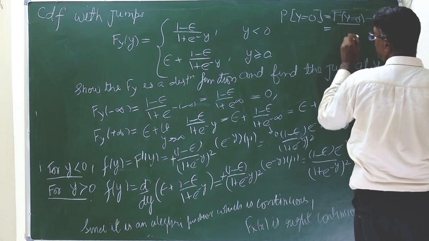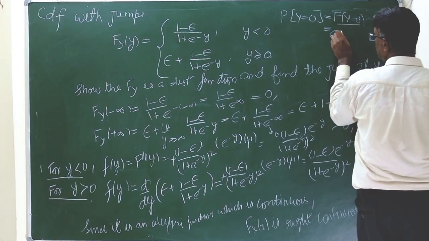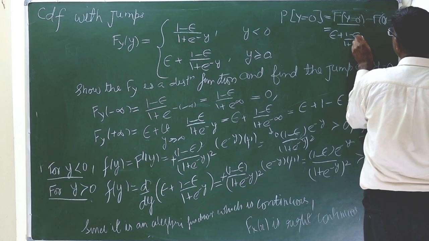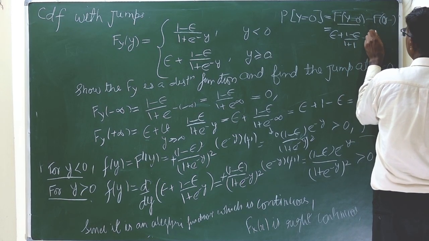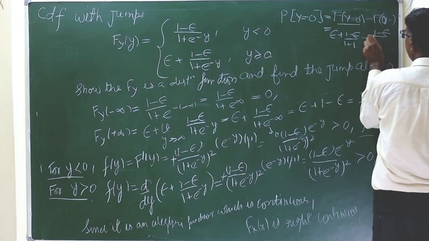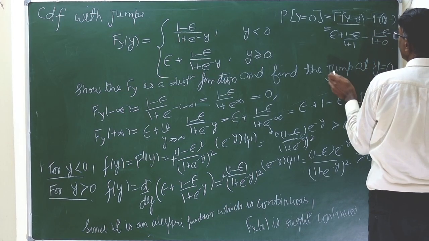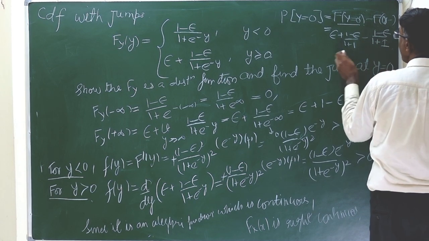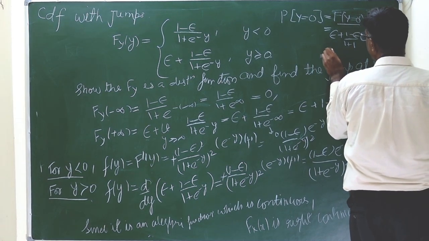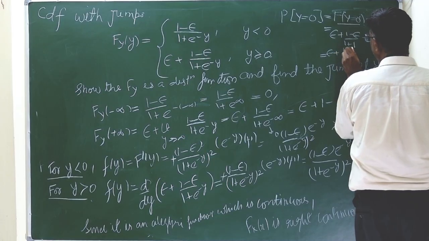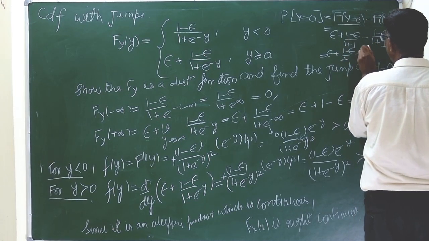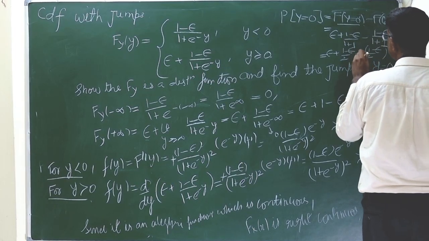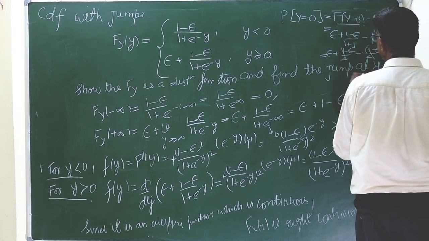So F at 0 is epsilon plus (1 minus epsilon) upon (1 plus 1), minus (1 minus epsilon) upon (1 plus 1). So what we get is epsilon plus (1 minus epsilon) upon 2, minus (1 minus epsilon) upon 2, so this 1 by 2 cancels out.